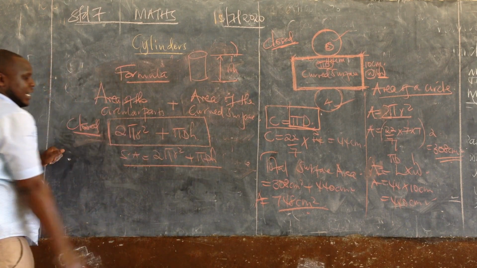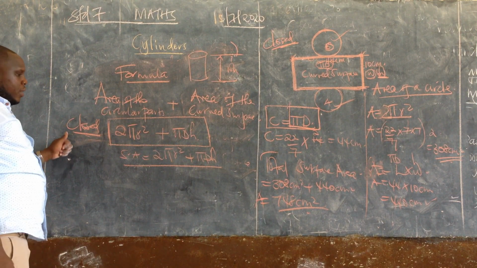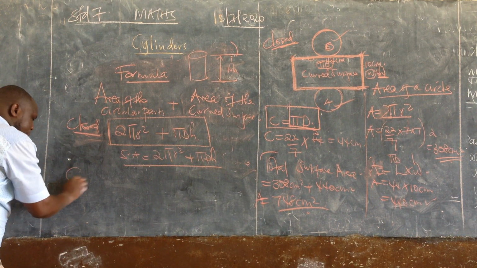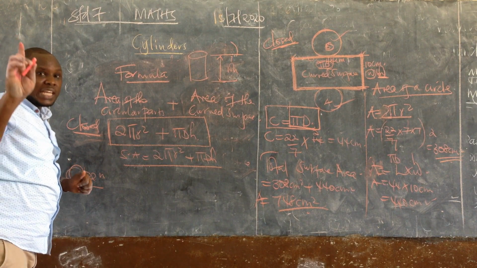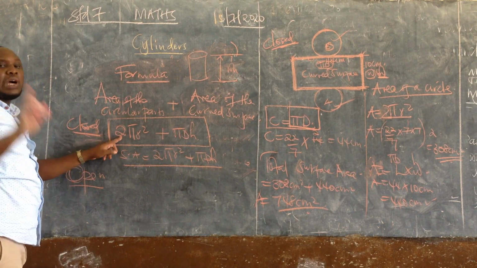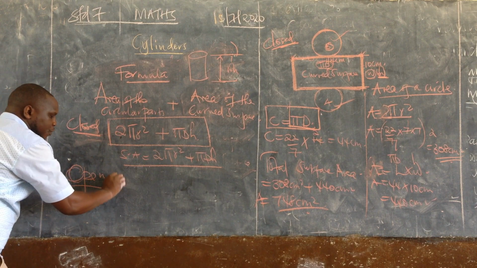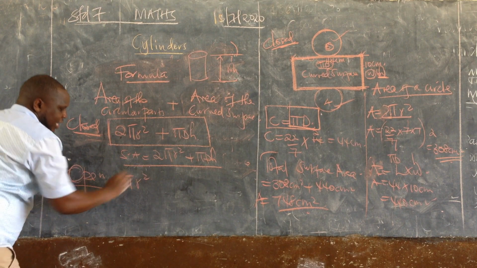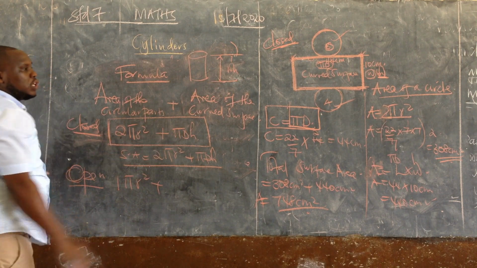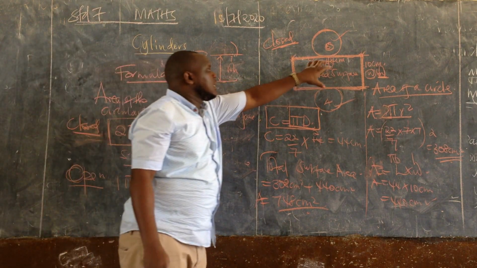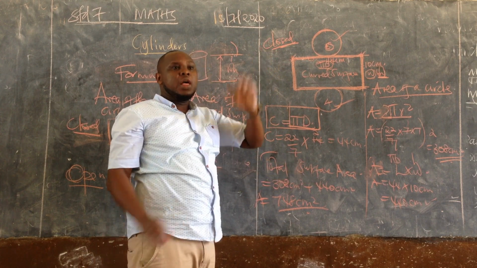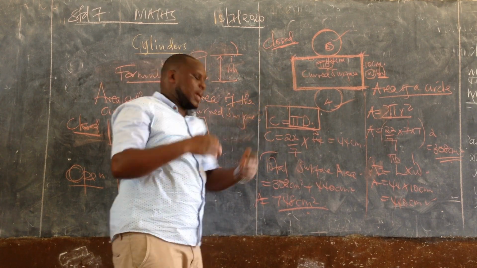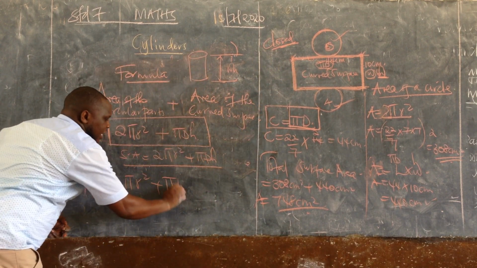As simple as that. If, for instance, the cylinder is open, open means that you are going to have one circular part. So you don't need to have the two. You have one. So you are going to have 1 pi r squared plus, this is not going to change because this curved surface is going to be there. Even if you remove one circle, the curved surface is going to remain there. So plus pi d h.